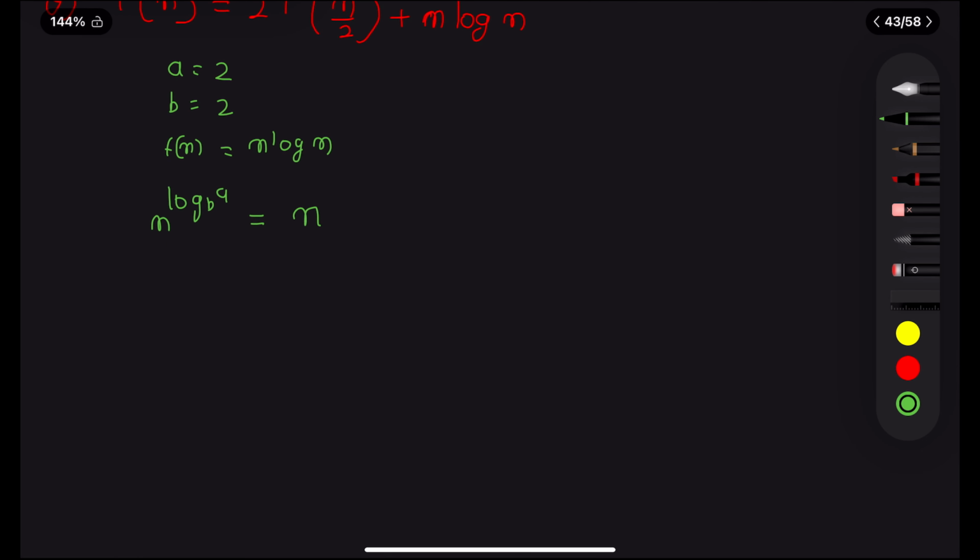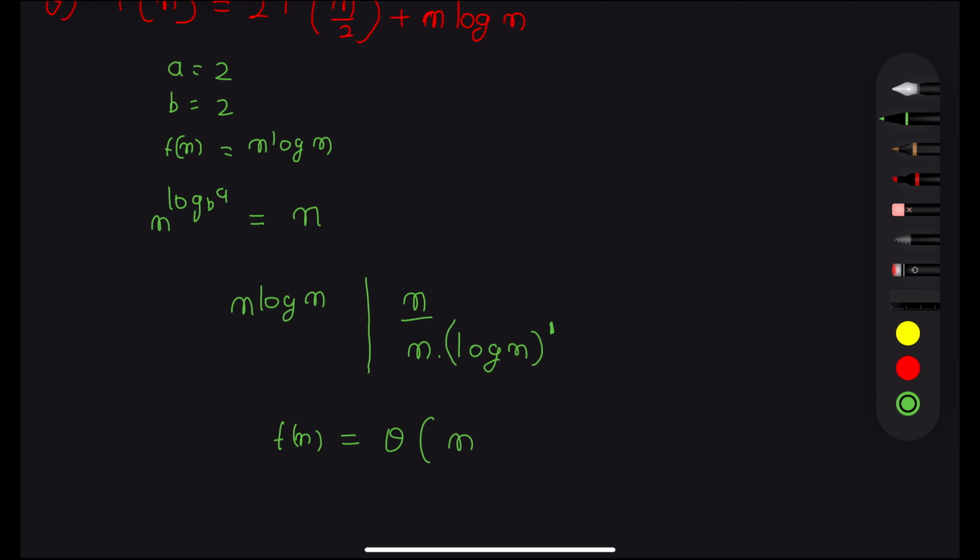Now we compare the value of f(n), which is n log n, and n^(log_b a). So n can be written as n into log n. Here we can see f(n) is now Theta of n into (log n)^1, where the value of k is equal to 1.